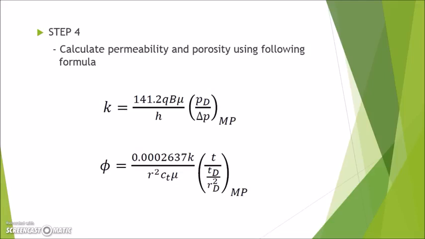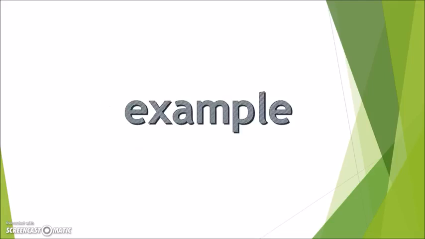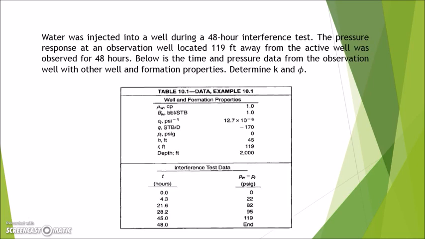Now that we have gone through all the 4 steps, let us take a look at the example. Here's the example given. As we can see here, in the interference test data, the time and pressure given start at 0. We can ignore these values since we are going to plot our graph in a log-log scale, because log 0 is undefined.